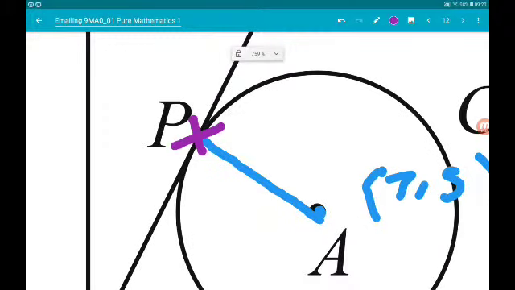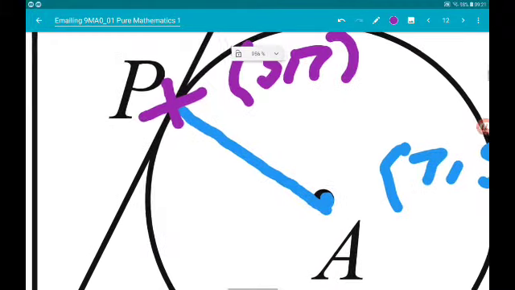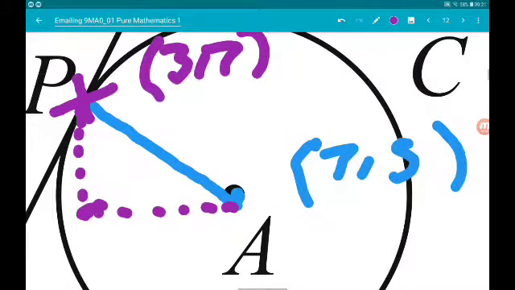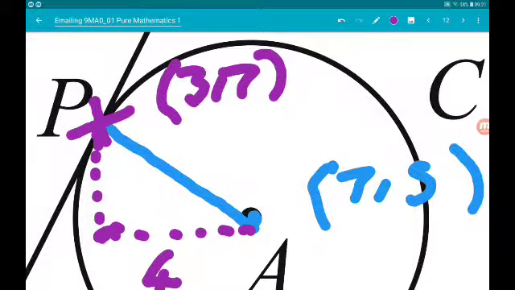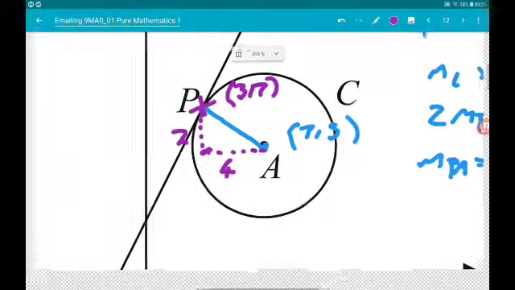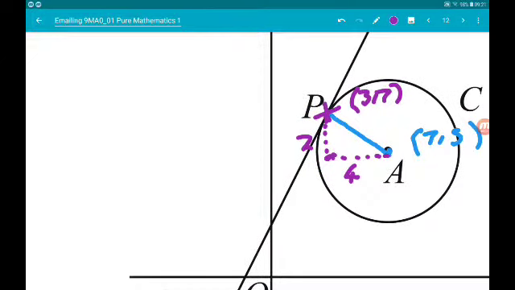So now that we know that, we can work out the length of the radius. So this point now is 3, 7. We can work out the length of the radius using Pythagoras. So this triangle has a length of 4 and a height of 2. So, using Pythagoras, PA squared is 4 squared add 2 squared.